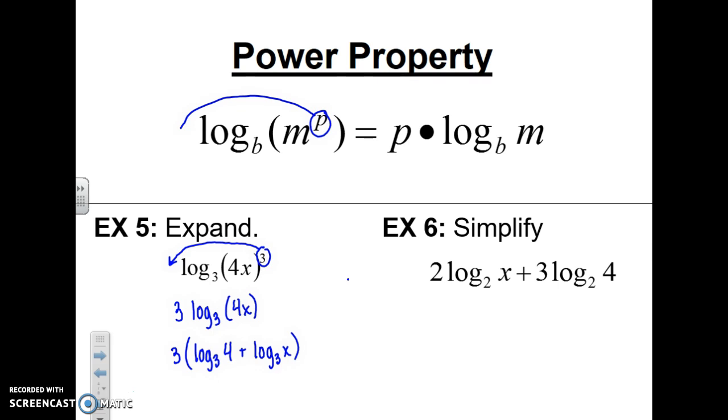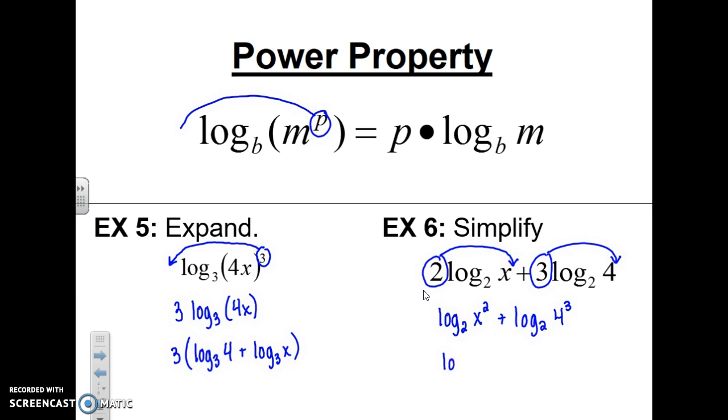If we're asked to simplify, the first thing we want to do here is take our coefficients inside of the log as exponents. So we would do that for both of these. So we would have log base 2 of x squared plus log base 2 of 4 to the third power.